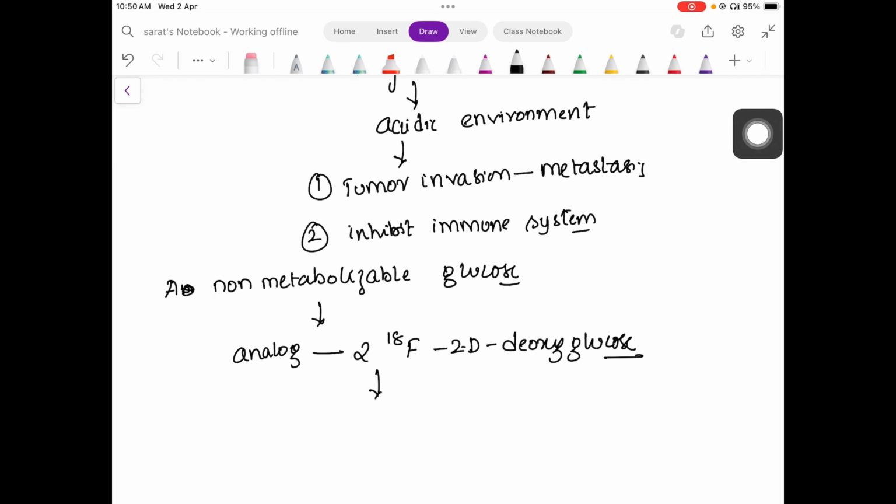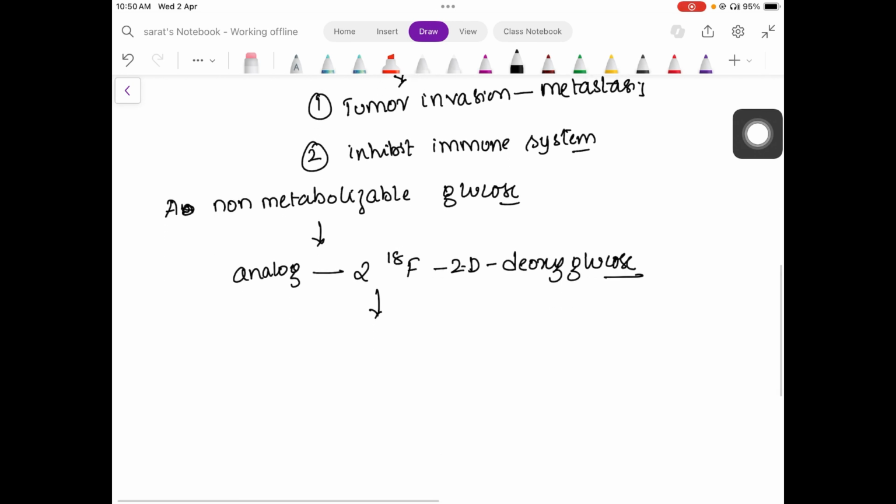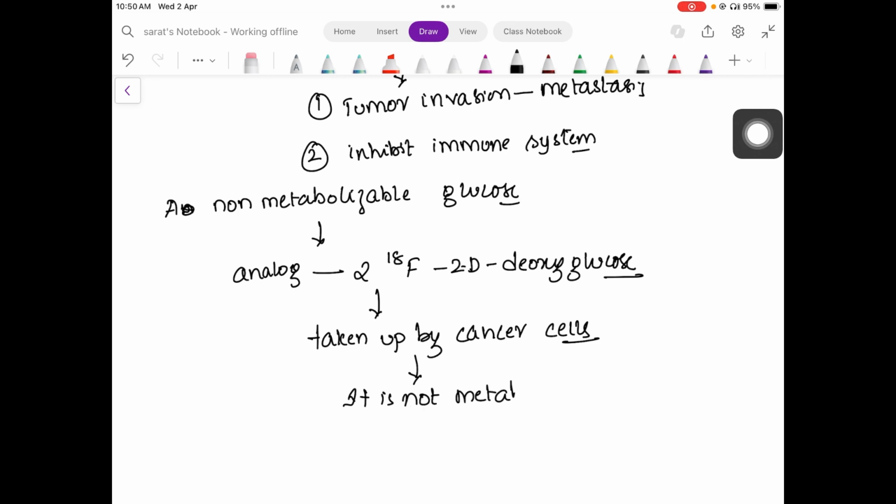If you give this analog of glucose, then it is taken up by cancer cells and it is not metabolized. So this analog glucose will remain as it is.